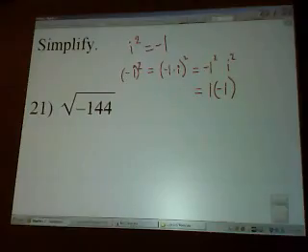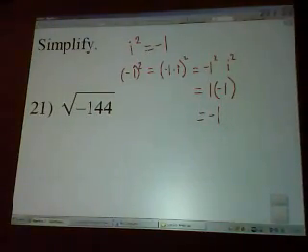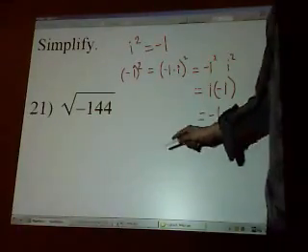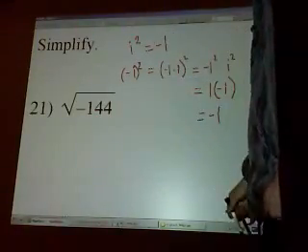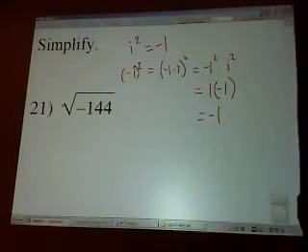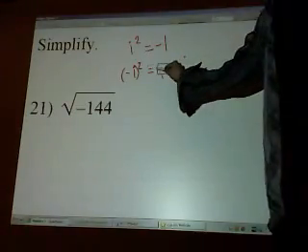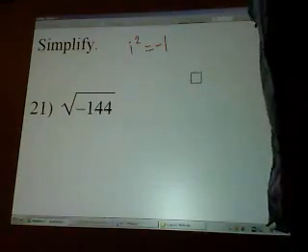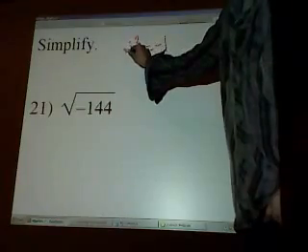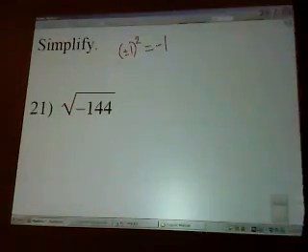So we have 1 times negative 1, and that makes negative 1. So we see not only does i squared equal negative 1, but negative i squared equals negative 1. So we can be sure that plus or minus i squared equals negative 1, and we have to know how to use both of those.